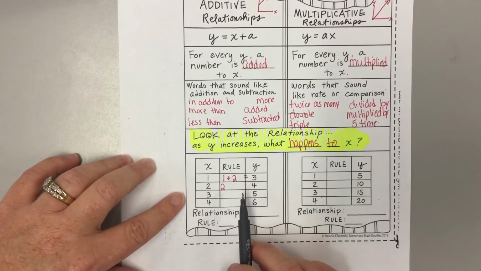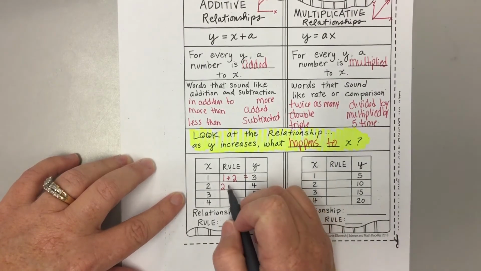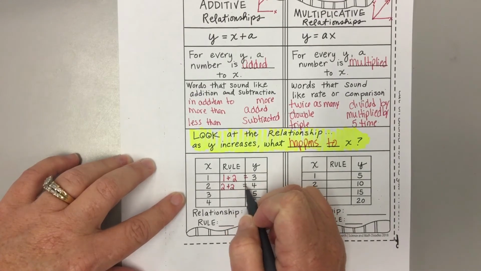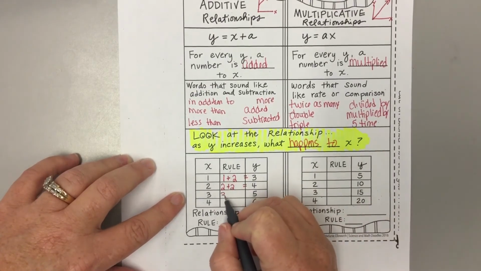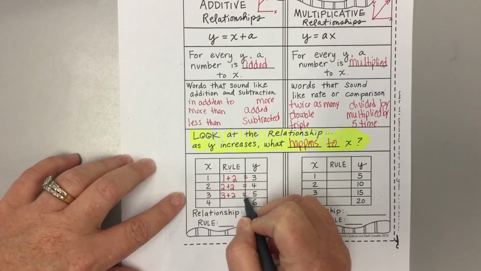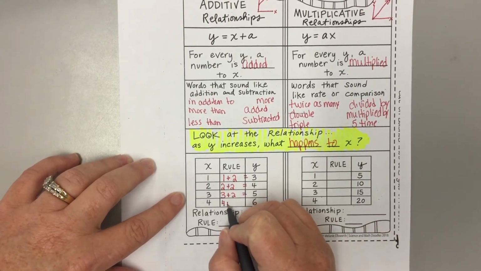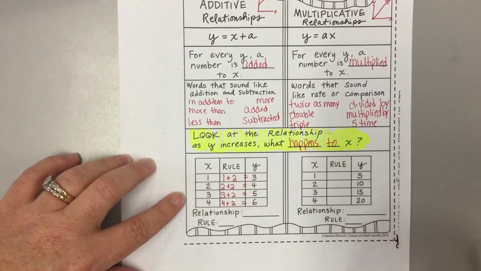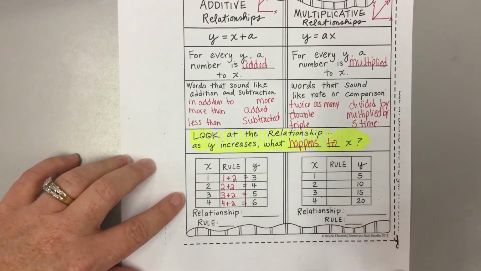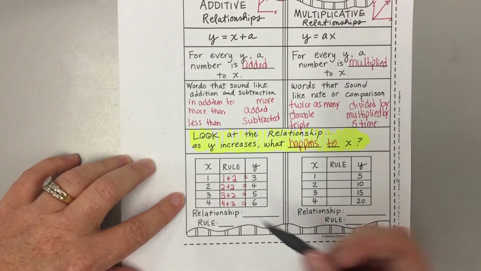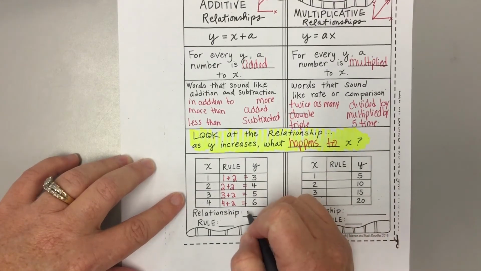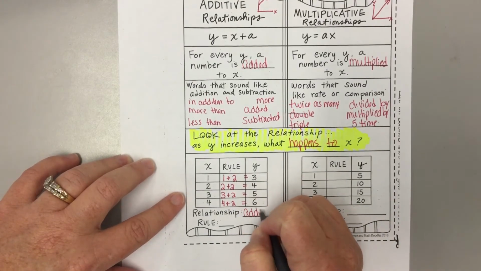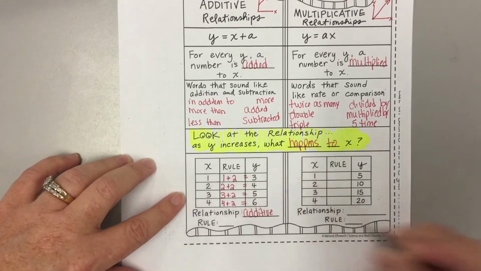I guess you could if you wanted to. 2 plus 2 is going to give me 4. 3 plus 2 gives me 5. 4 plus 2 gives me 6. So my relationship, is it going to be additive or multiplicative? Because I'm adding to my x, it's going to be an additive relationship.